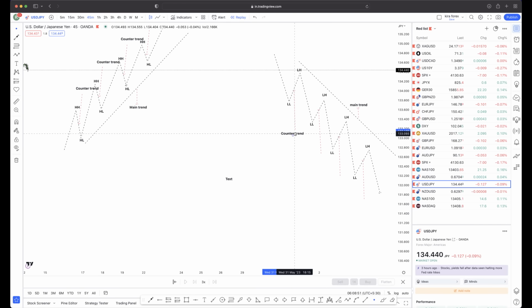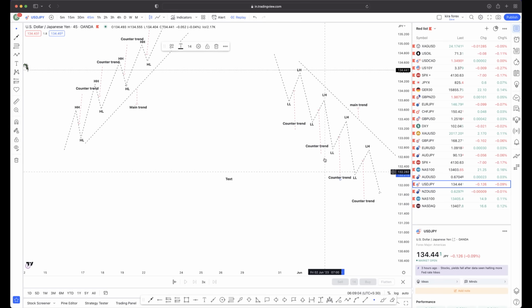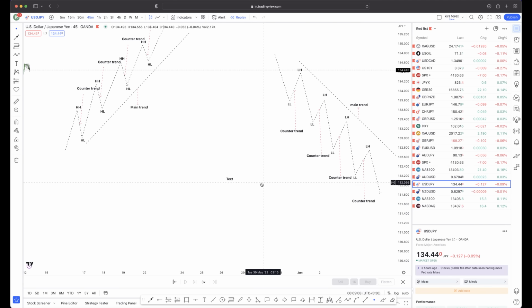It makes your trading very simple. Like you can see from my screen, I have to indicate all this to make it very simple for you to understand what I mean. So basically, this is how it is. We have a counter trend in a bullish market, and then a counter trend in a bearish market.